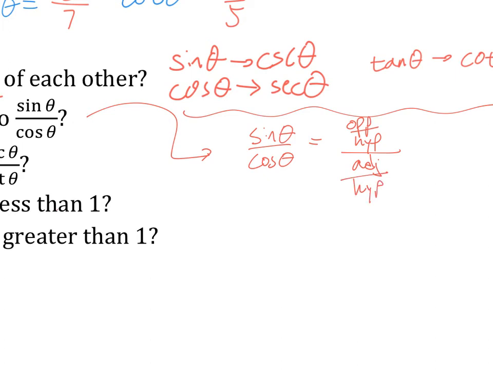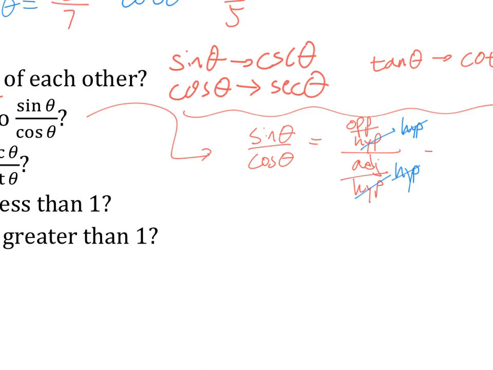Now we want to clean this up. We've got a compound fraction, with hypotenuse on the denominator here and hypotenuse on the denominator here. So let's try multiplying top and bottom by hypotenuse, just treating these like numbers, because they are. Here the hypotenuse cancels, and here the hypotenuse cancels.